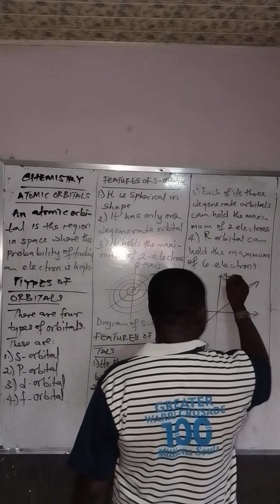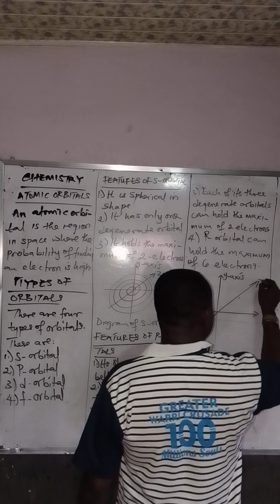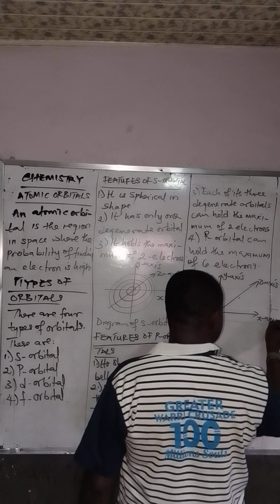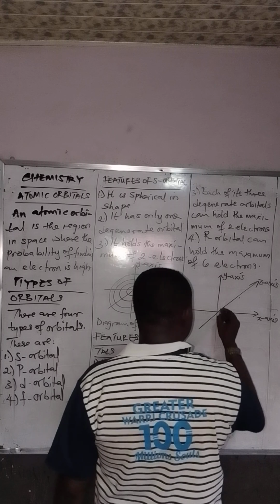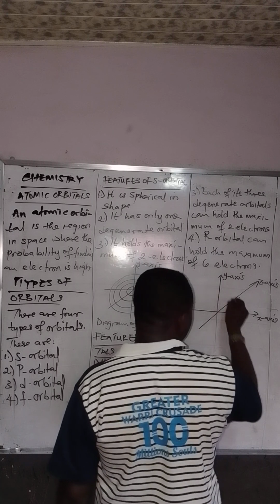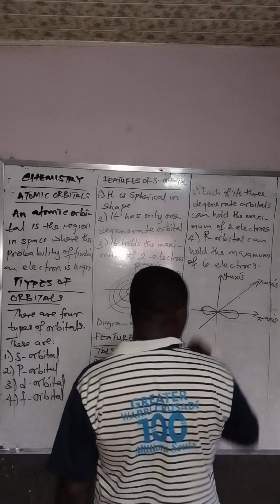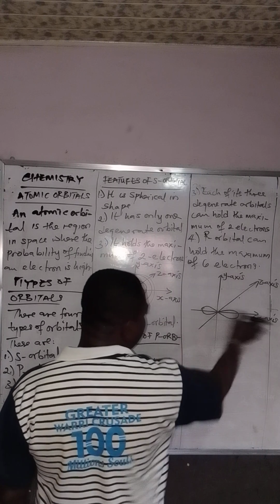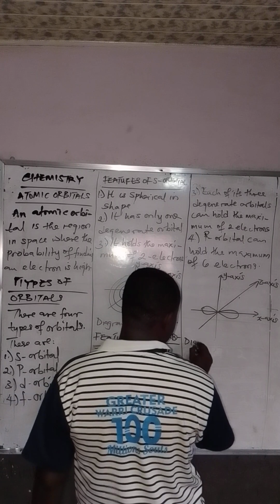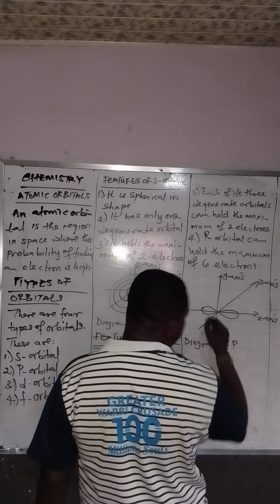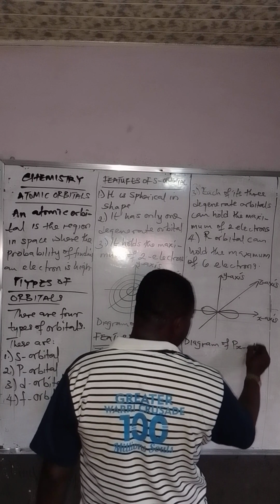This is y-axis, this is z-axis, and this is x-axis. Now, look, my figure 8 is facing x. So this is the diagram of Px orbital.